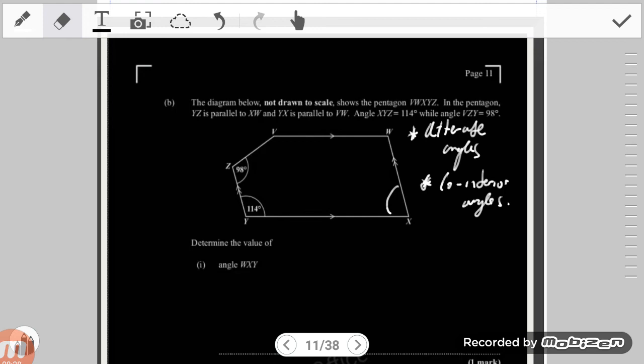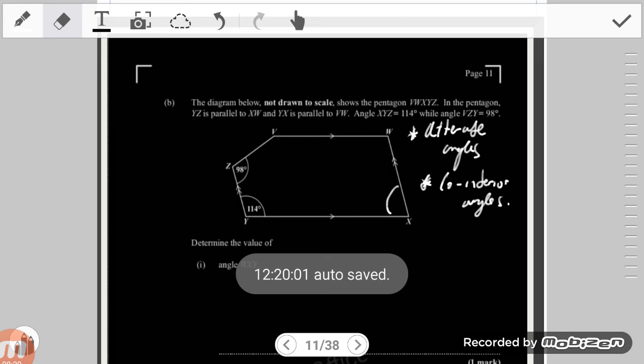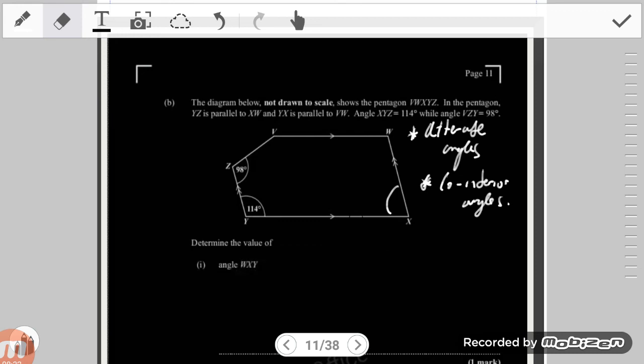Having a look at this question, I want something that's going to help me find this angle here. Now I could perhaps create a Z here by connecting point Y to point W. So I'll get this Z-looking thing here.